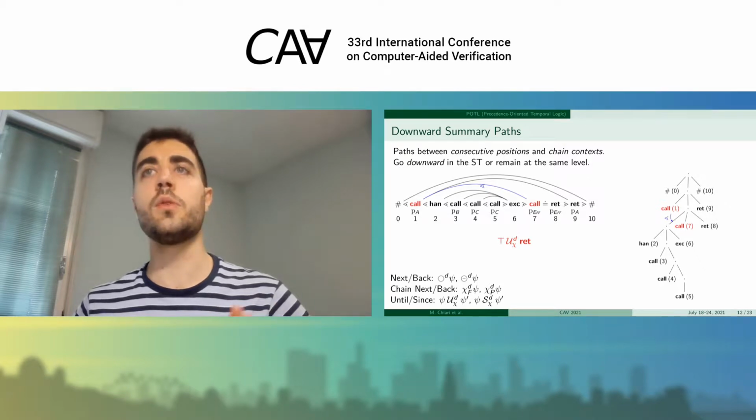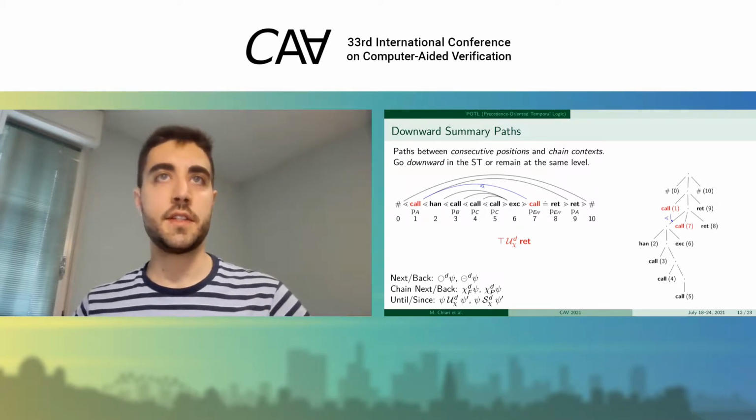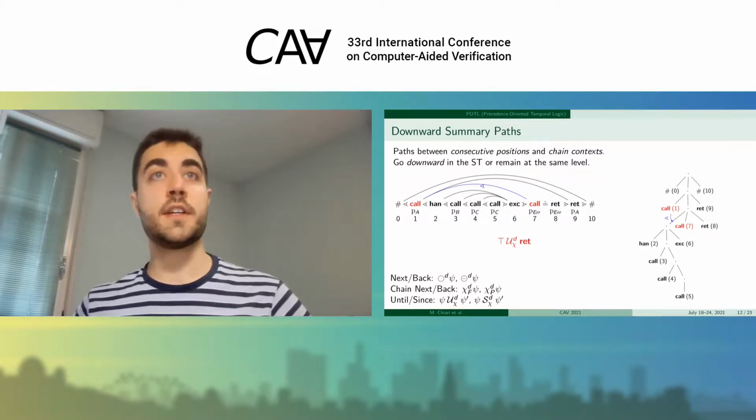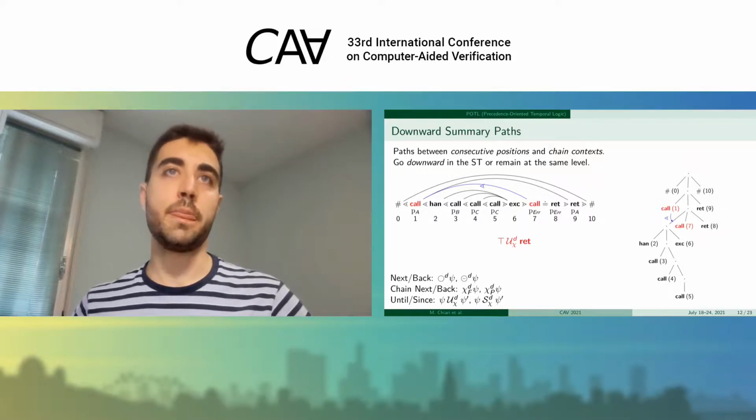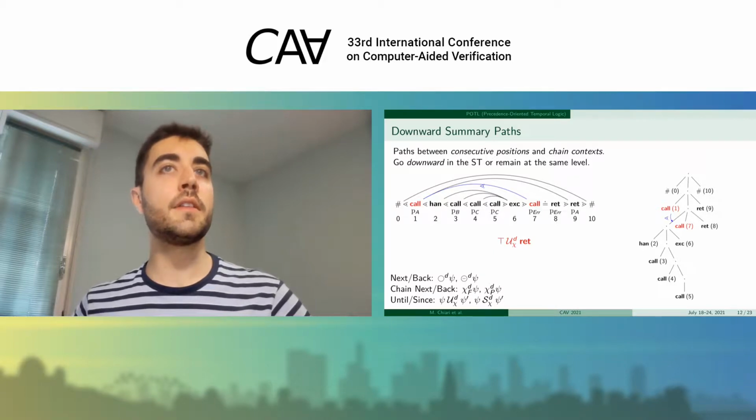As you can see, we are also going down in the syntax tree, and if we consider the stack in position 7, the exception has already been caught by the handler, and so the only thing that is in the stack besides the call to position 7 is the call to position 1.